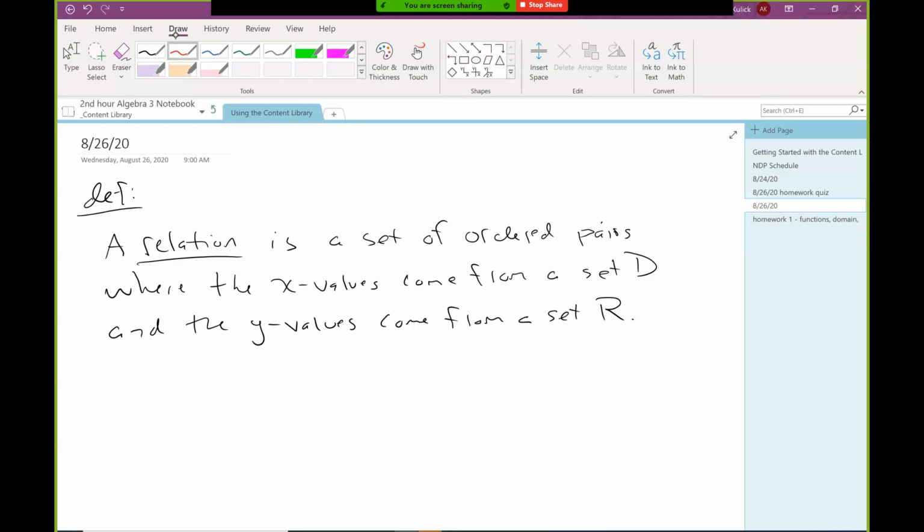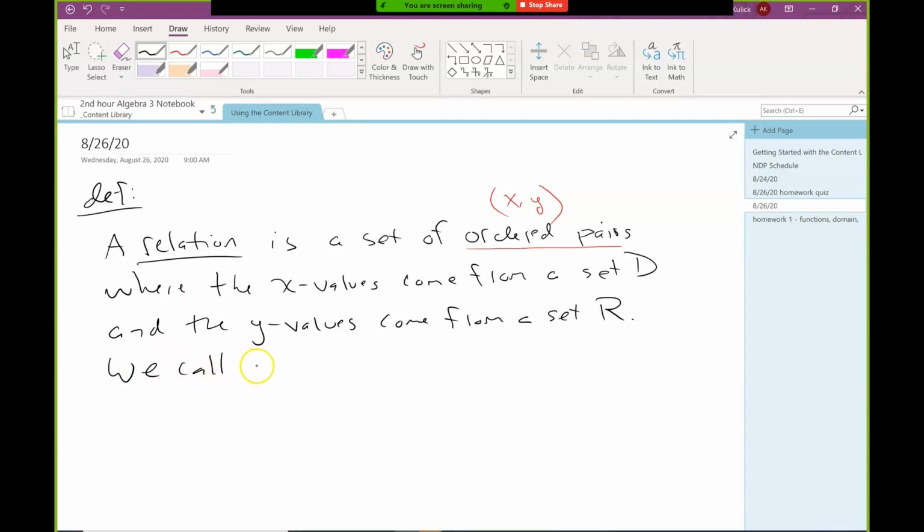and the y values all come from a set R. When we say ordered pairs, we're just talking about an x comma y, like a coordinate. Now these sets D and R have a special name.